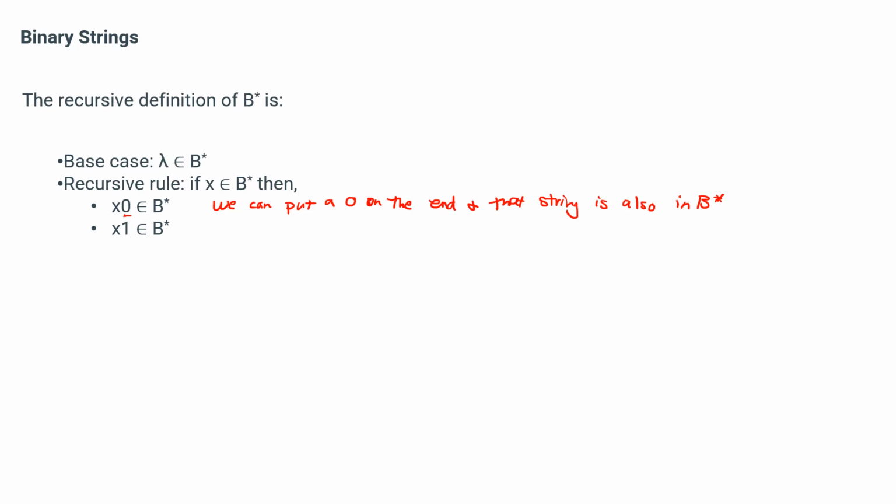Okay? But then the next rule says, or we can just tack on a 1 at the end. So we can put a 1 on the end, and that string is also in B star.